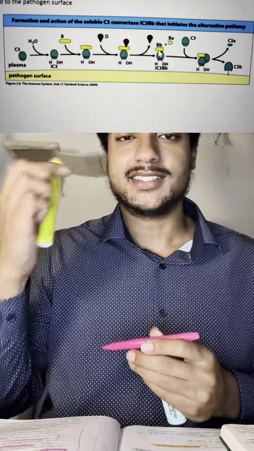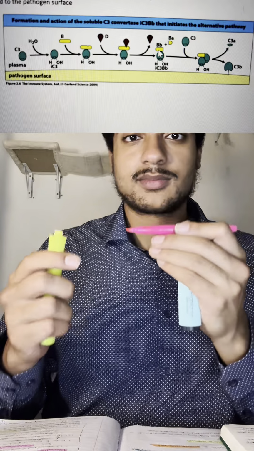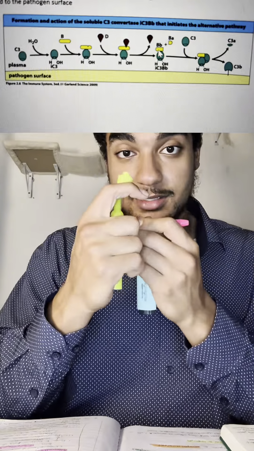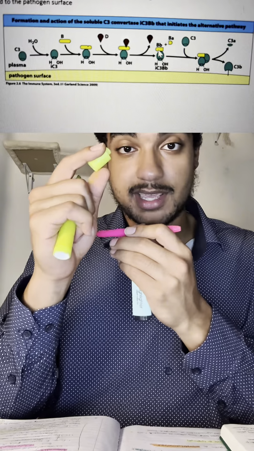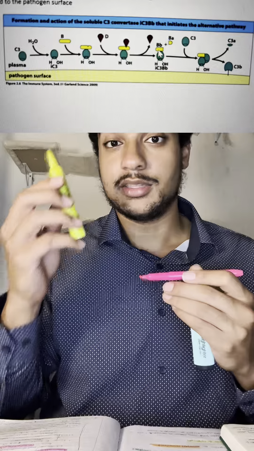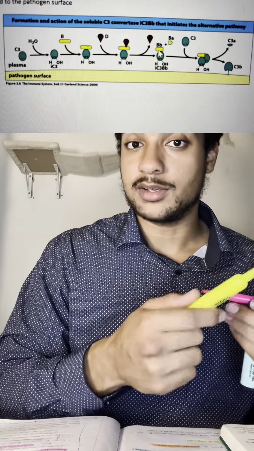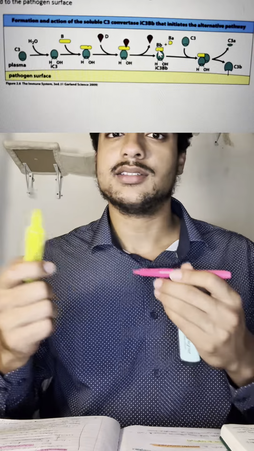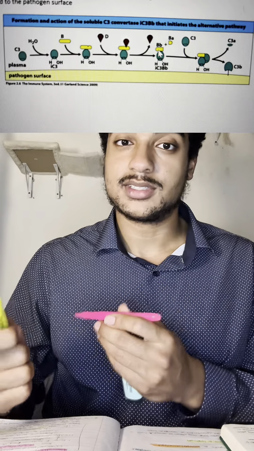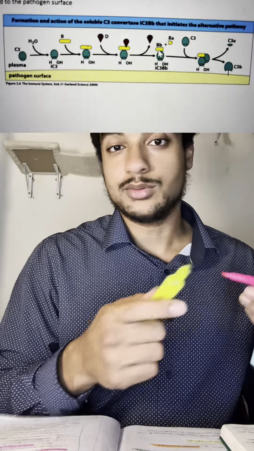So a C3 binds this iC3Bb, and then it cleaves, turning into C3a, an anaphylatoxin, and C3b. C3b, if you remember, goes through CR1 phagocytosis and membrane attack complex, MAC or C5b through C9.